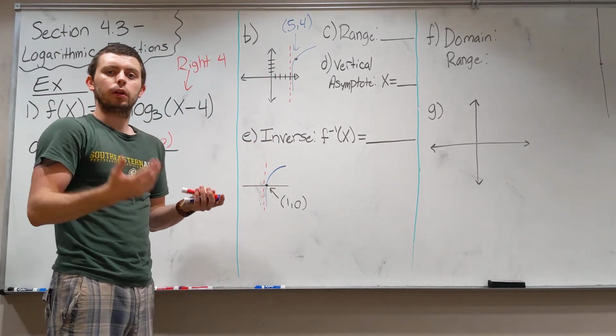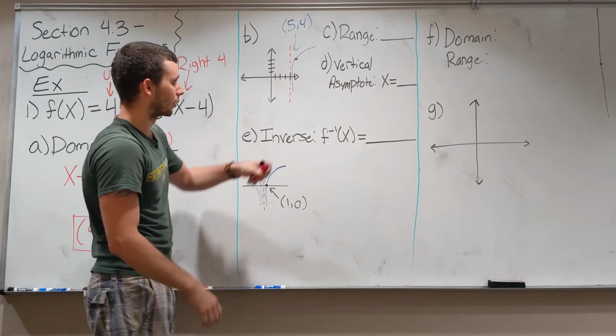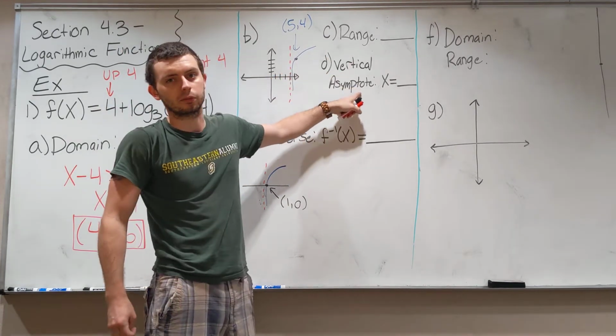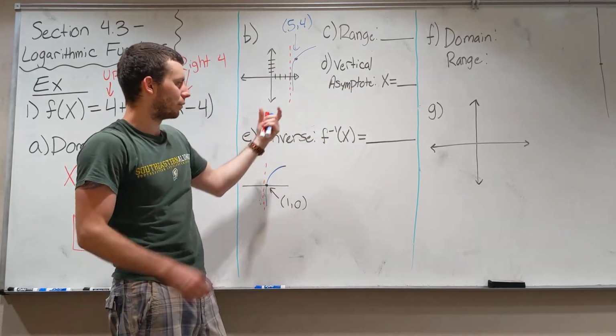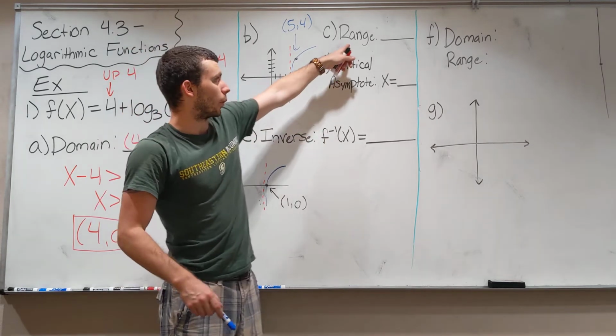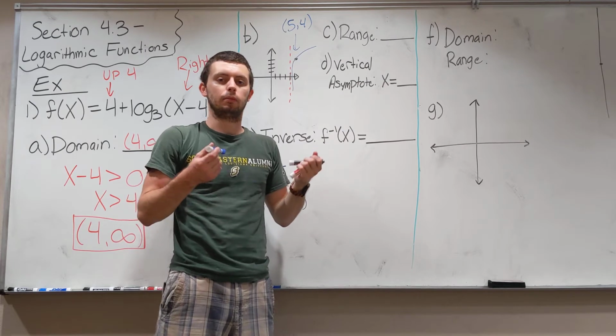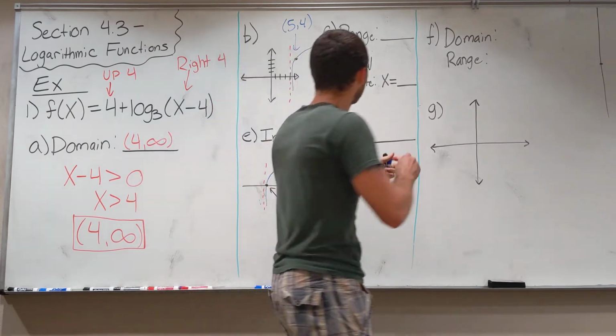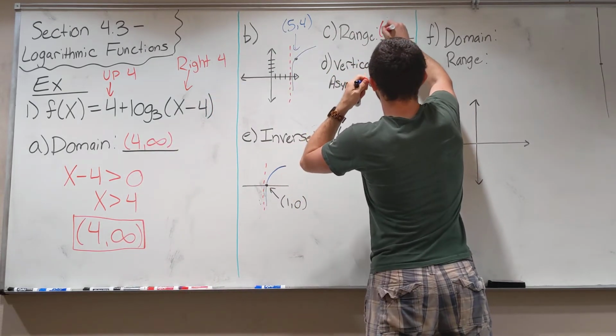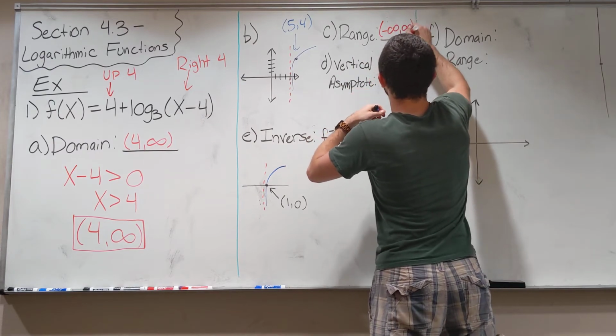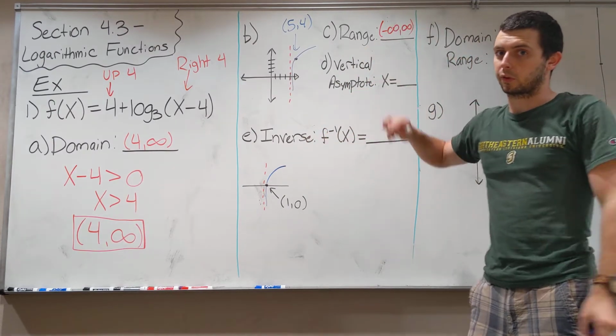And so from here, as we did in the previous problem, we're going to determine the range and the vertical asymptote, since we now have the graph available to us. The range, well, the range for all logarithmic functions is all real numbers. And you can also tell that by the graph.